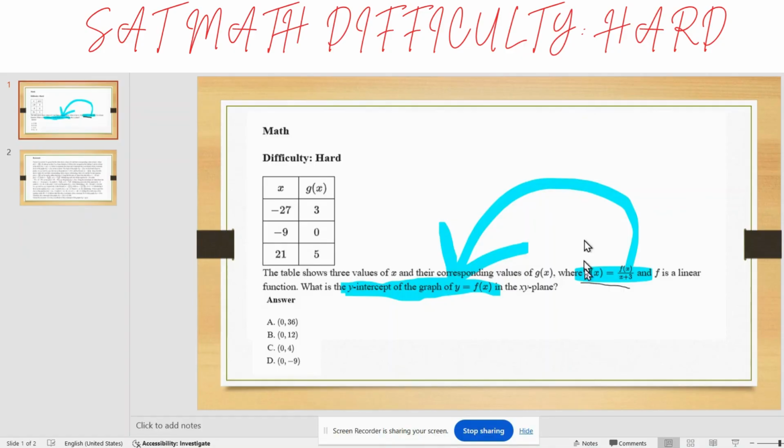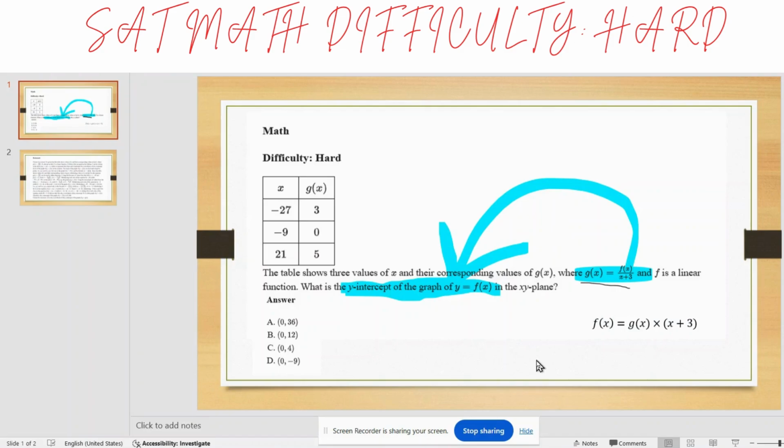So it means that when I find f of x, it is going to be equal to g of x multiplied by x plus 3.